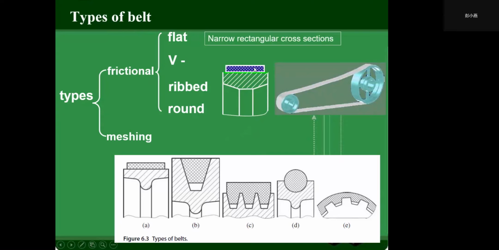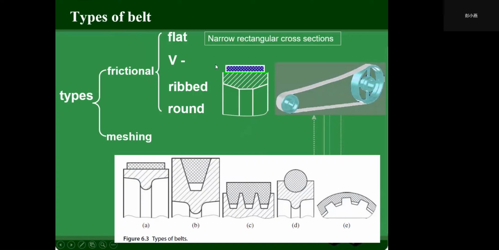The contact surface between the belt and the pulley is the working surface of the flat belt.